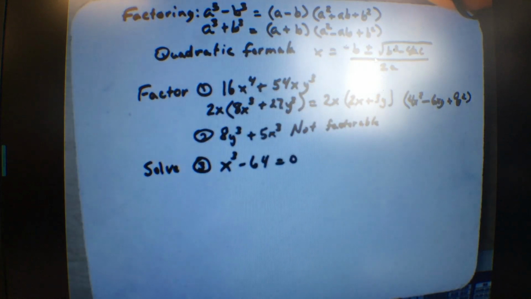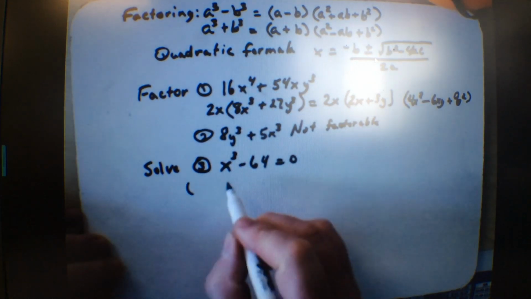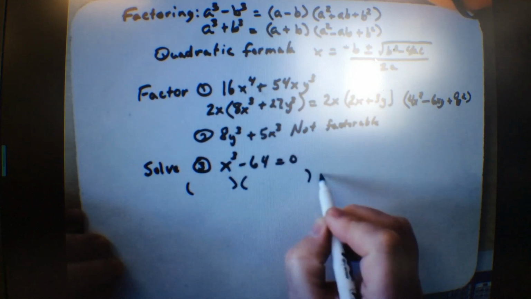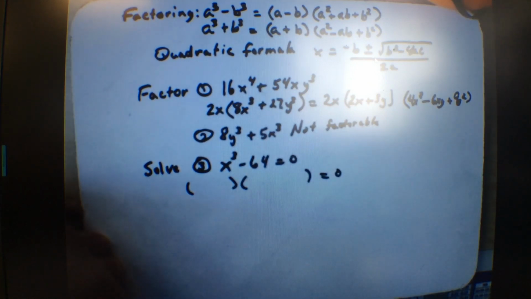Now guys, you've got a cube, but it's equal to 0, right? So not only are you going to factor it, but you're going to set each one of those equal to 0. Okay? So let's go ahead and factor this one. So it's a binomial times a trinomial. Notice I'm going vertical now because it's solving an equation.